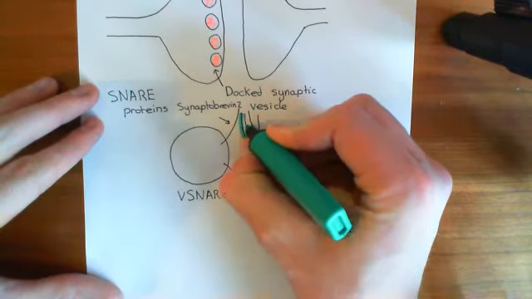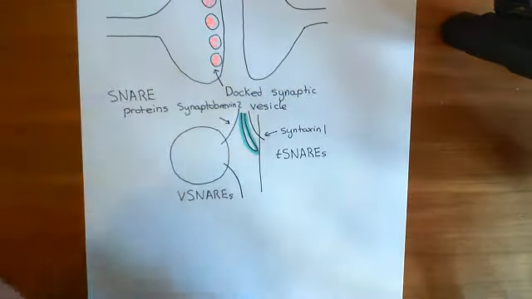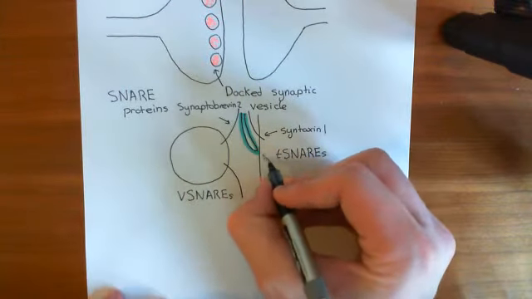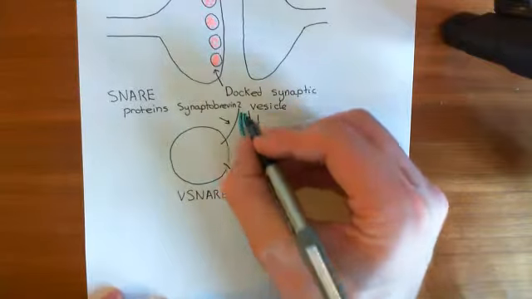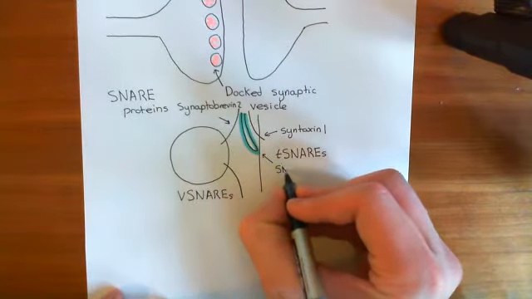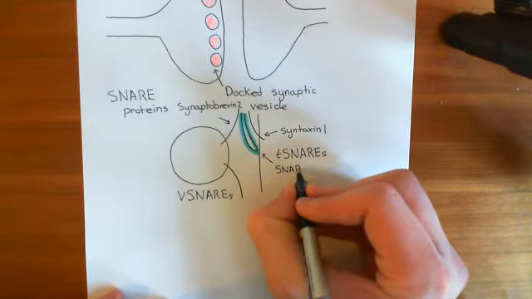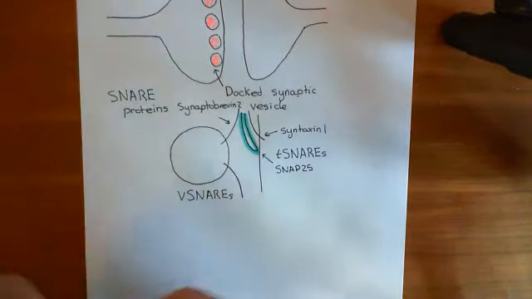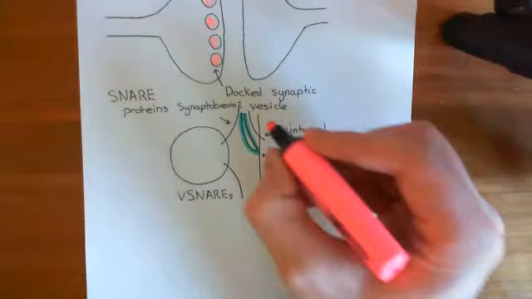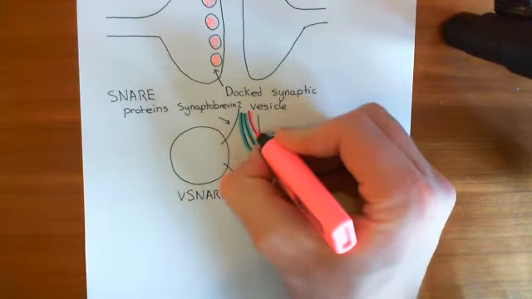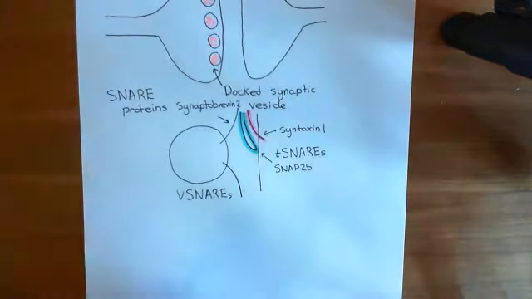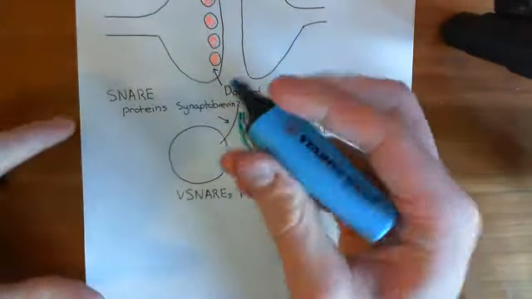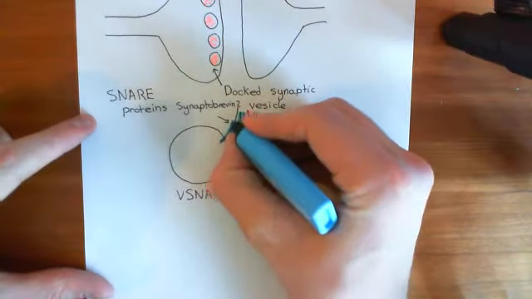Now basically the structure of these snare proteins is that they have a portion which attaches them to the membrane, and then they have these alpha helices which go into the cytoplasm here. And as you'll see, overall, both synaptobrevin 2 and Syntaxin 1 they both contribute a single alpha helix. So this is the single alpha helix of Syntaxin 1, whereas SNAP25 here contributes 2 alpha helices.